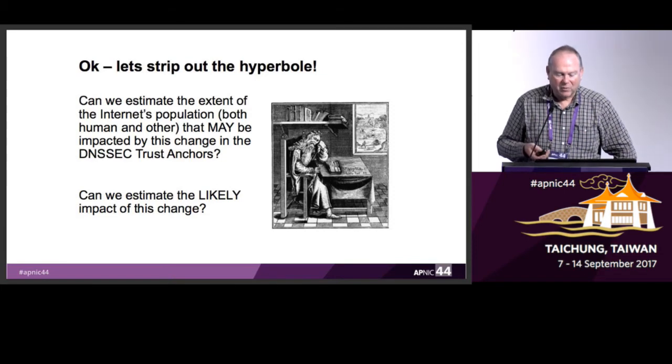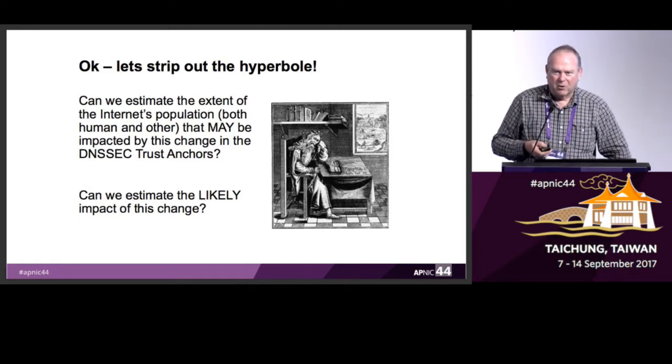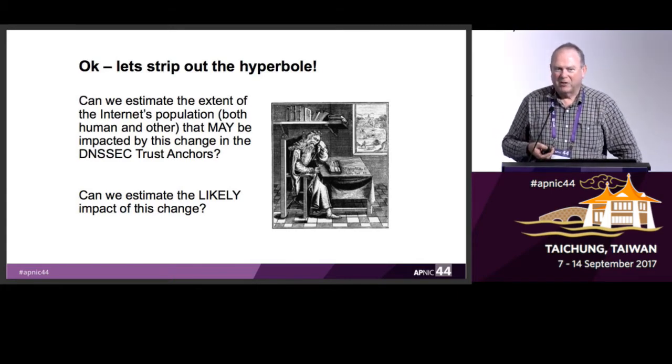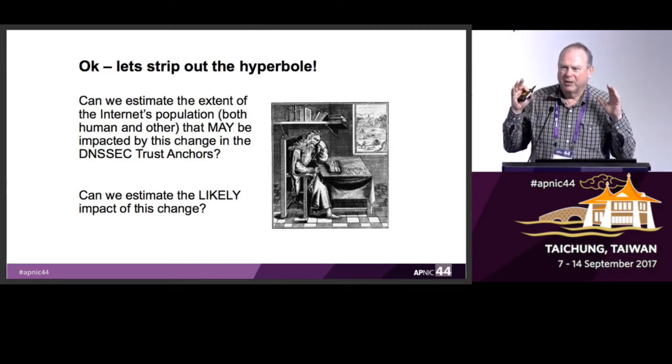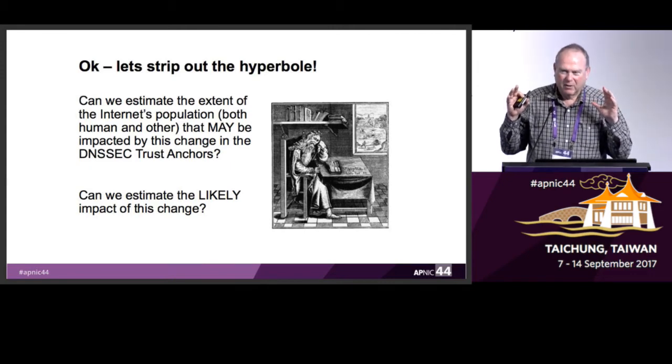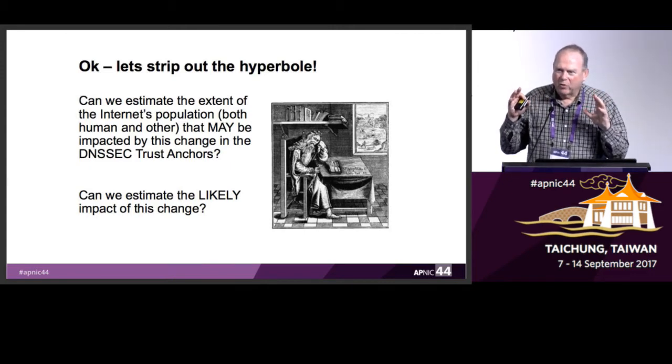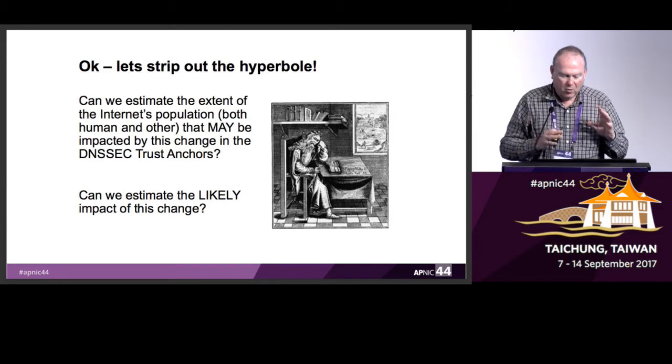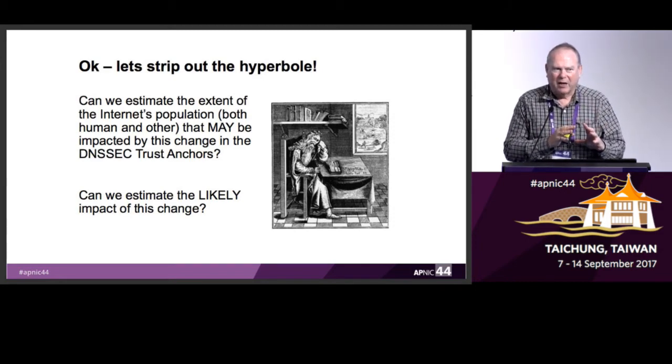So if we strip out most of the hyperbole, the real question on the measurement side is, how big is this problem? And there are two questions. One is, what's the population of folk that sit behind resolvers that validate? What is the potential population that could be impacted? And let's go one further. Out of that group that could be impacted, what's the most likely scenario of real impact?